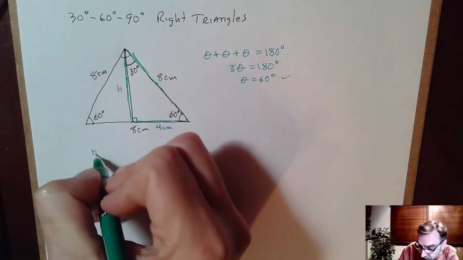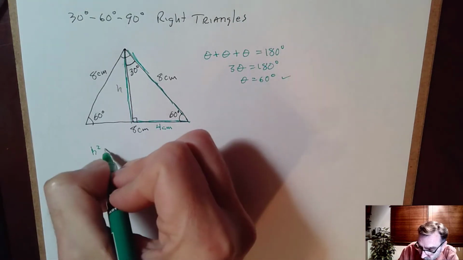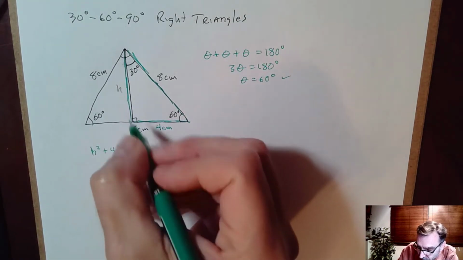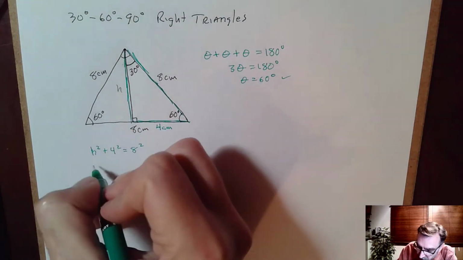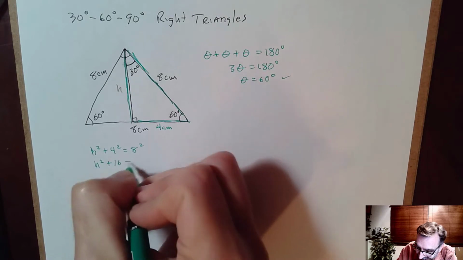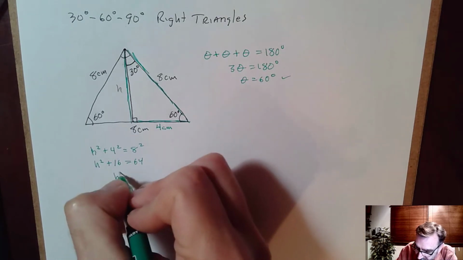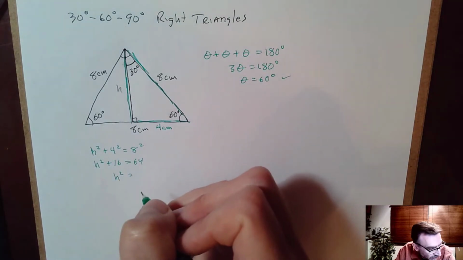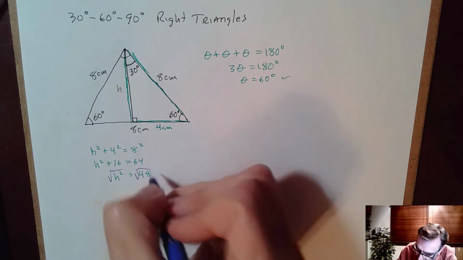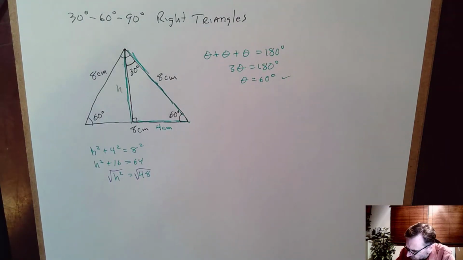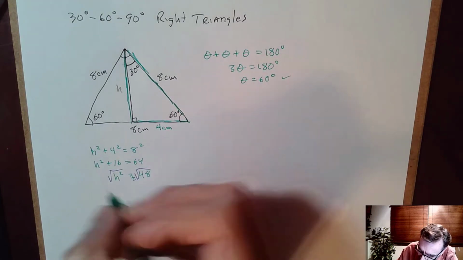Okay, so we could say leg squared, which is the height, plus 4 squared. Leg squared plus leg squared equals hypotenuse squared, right? So h squared plus 16 equals 8 squared, which is 64. Subtracting 16, that's 48. 64 minus 16 is 48. So h squared equals 48. Then take the square root. It's actually plus or minus, but we'll take the positive value here.